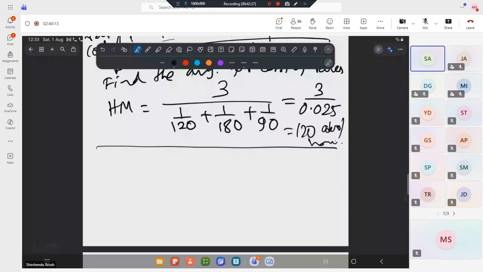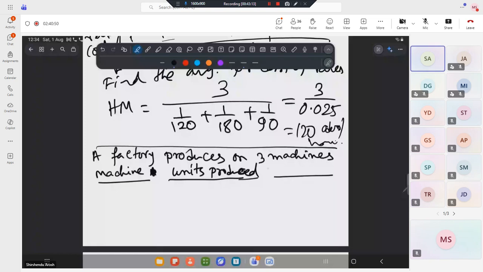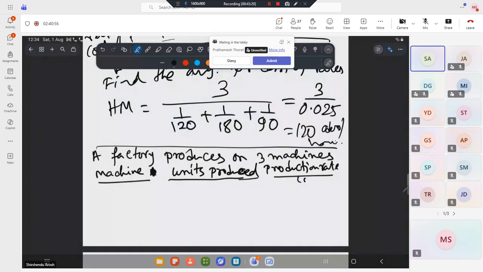So a factory produces on 3 machines. The machines are there, units produced, and the third one is the production rate, that is also units per hour.